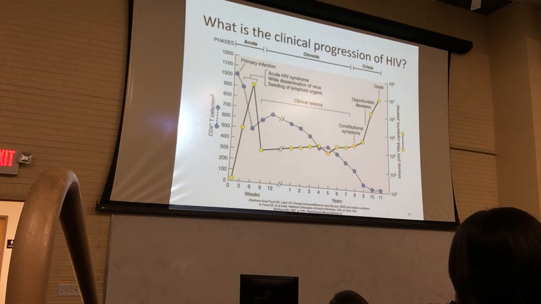When it crosses over to a point where the number of copies of the virus outperform the population of CD4 positive T cells or helper T cells, then you start getting into this crisis mode where you have AIDS. And patients don't typically die of AIDS, they die of some opportunistic disease.